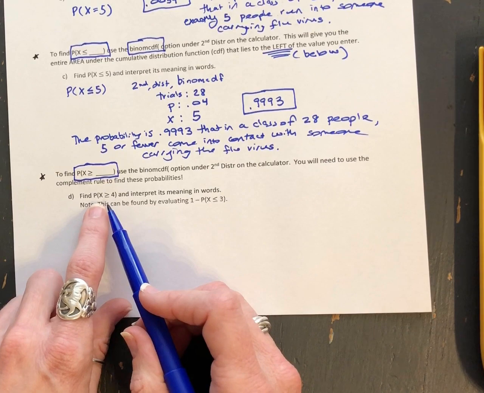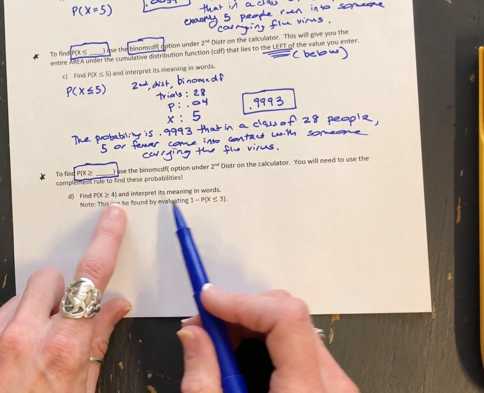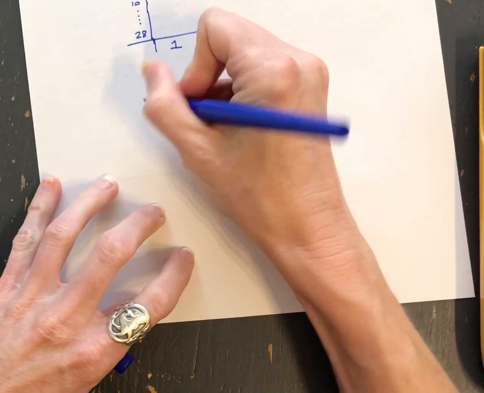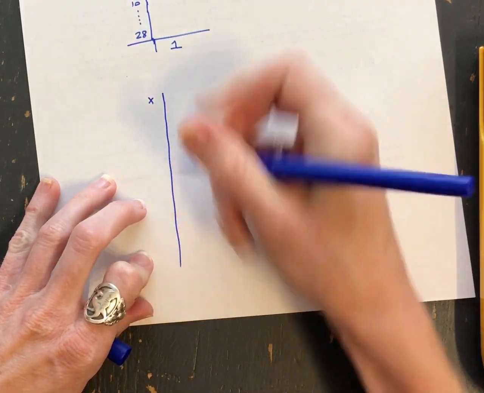So if I want the probability that X is greater than or equal to 4, I think it's easier to see over here. Maybe I'm just going to redraw this real quickly.